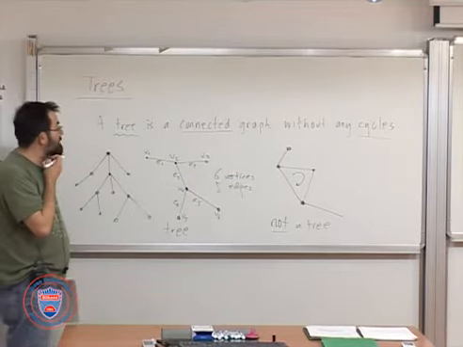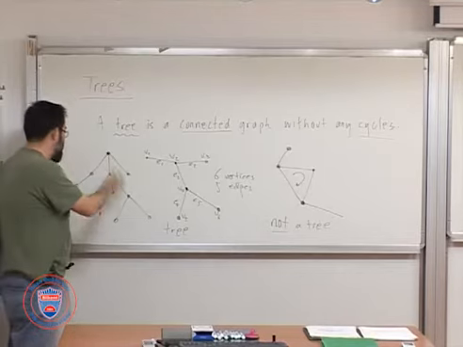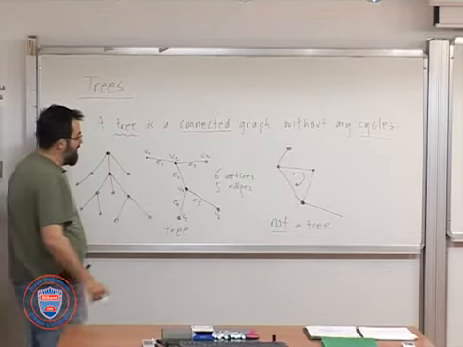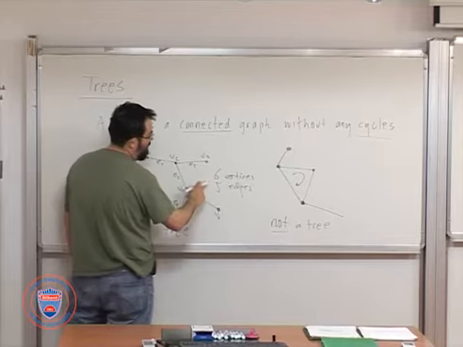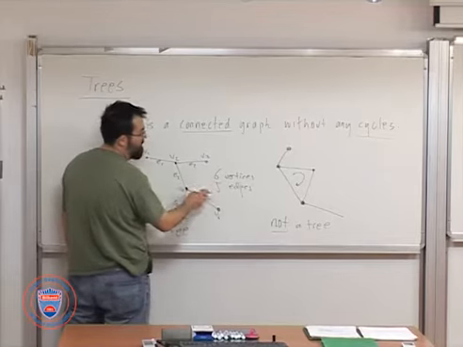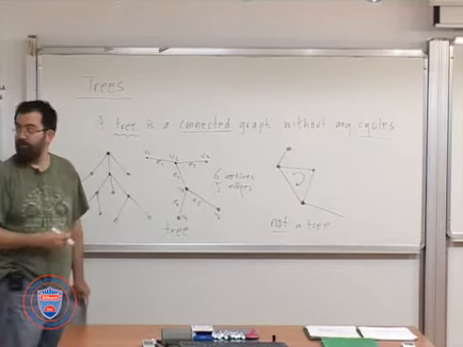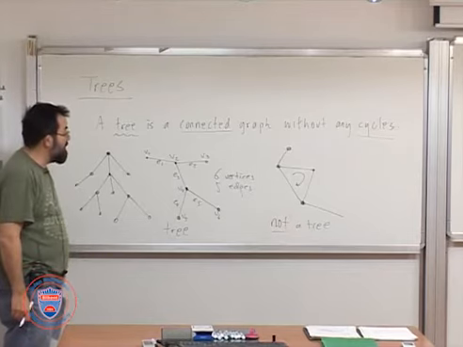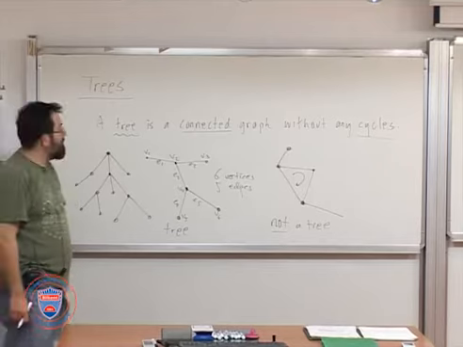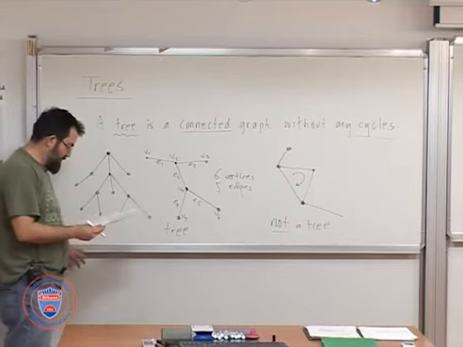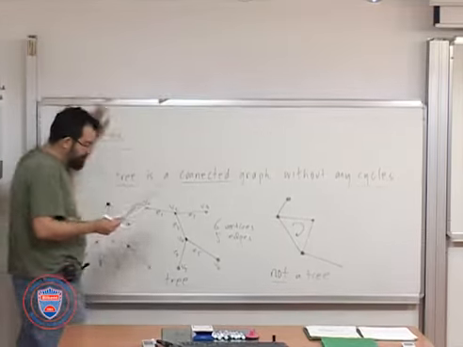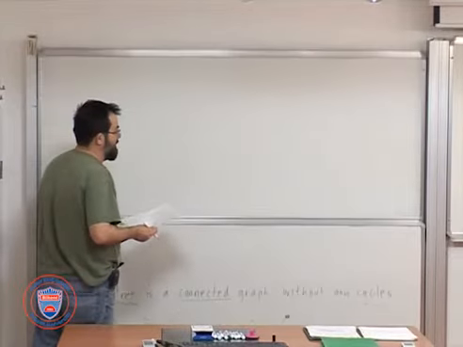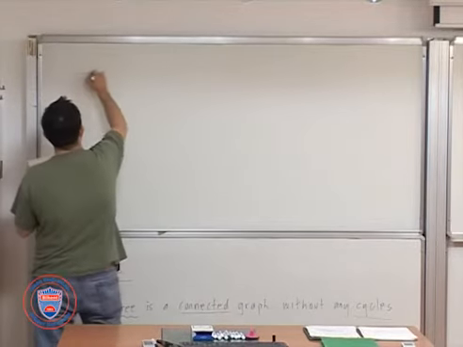It turns out that for any tree you draw, it will always be the case that you have exactly 1 fewer edges. Okay? So in a tree, if you have n vertices, you will always have n minus 1 edges. This is actually our first observation about trees. So this is a theorem.